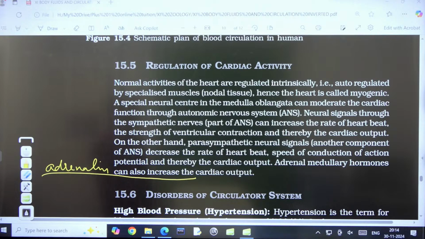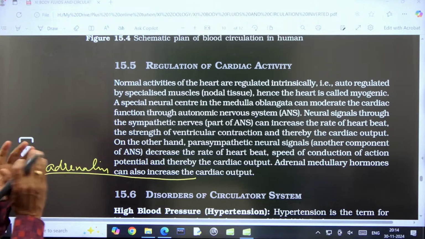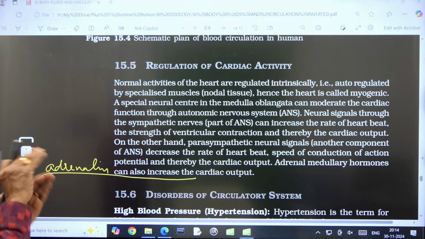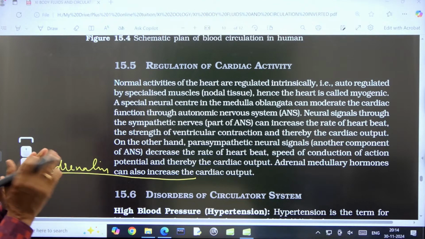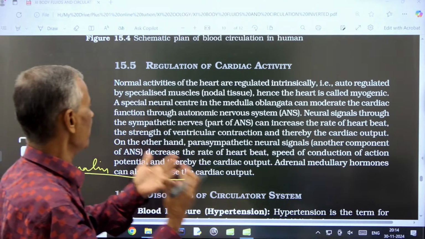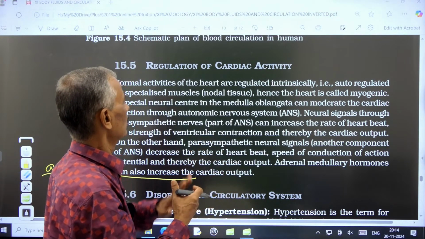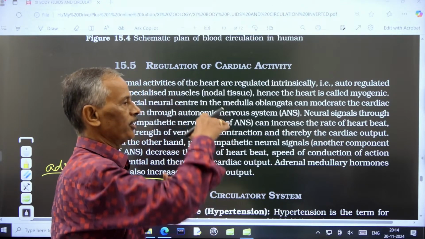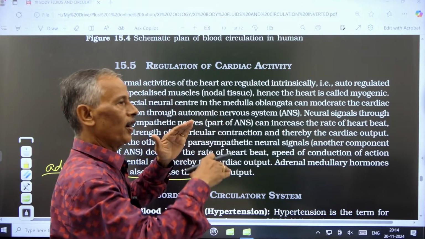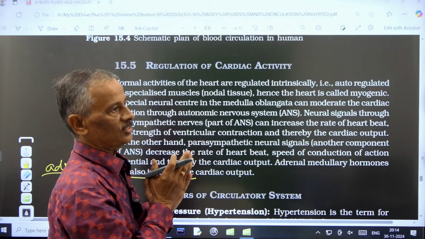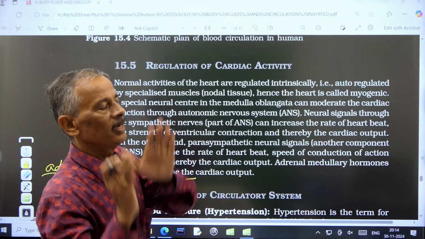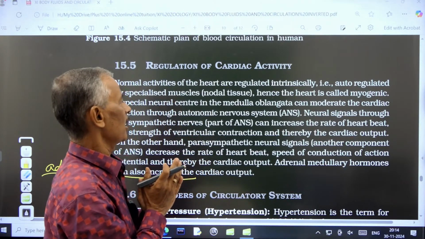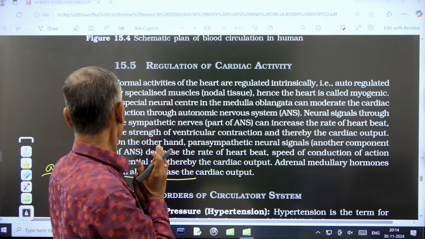So, though the functioning of the heart is controlled by the muscles of the heart itself, it can be modulated, it can be altered, changed slightly. Okay, it can be increased or it can be decreased by the cardiac center as well as by the secretions of the adrenal hormone called adrenaline.